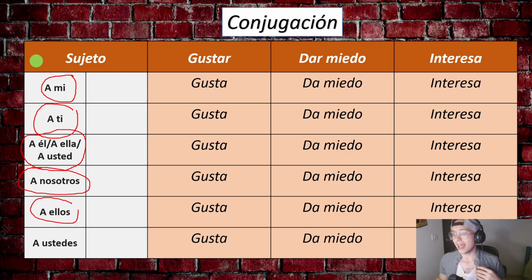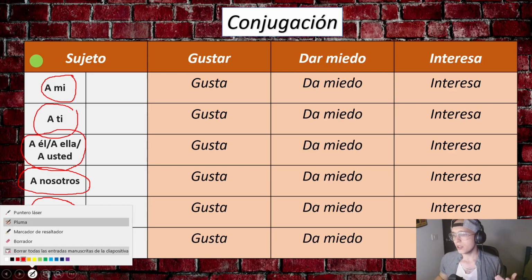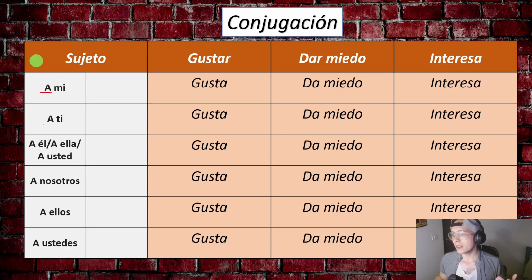Instead of "ellos," we say "a ellos." And instead of "ustedes," we say "a ustedes." So this "a" indicates who is receiving the action, okay? So let's keep that in mind. When using these verbs, we always receive the action, we don't do it, okay? So we always need to use this "a" before every subject. A mí, a ti, etc.